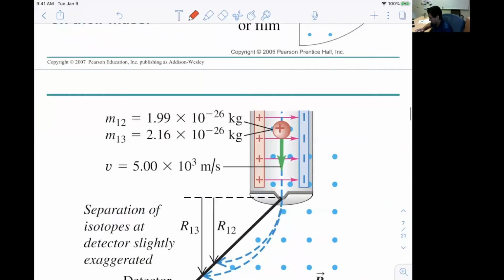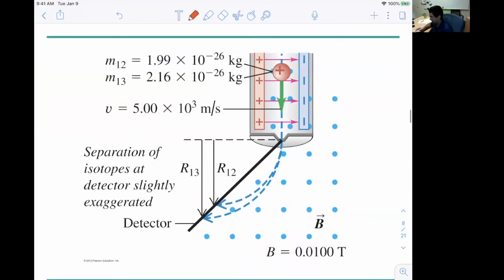So in one problem here, we have two masses and a detector. Now it asks about the angle, but anyway, this is the center, so it makes this circular motion. Let's find the difference between the two radii, R1 and R2.